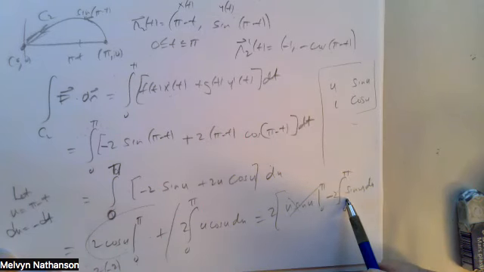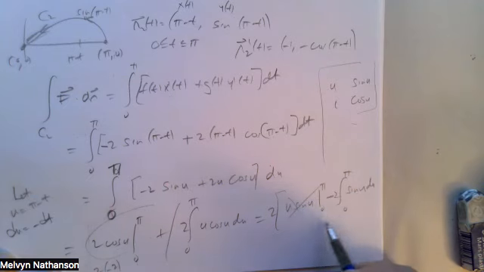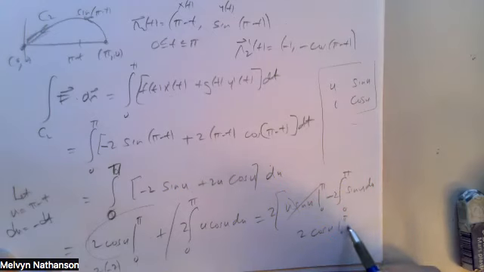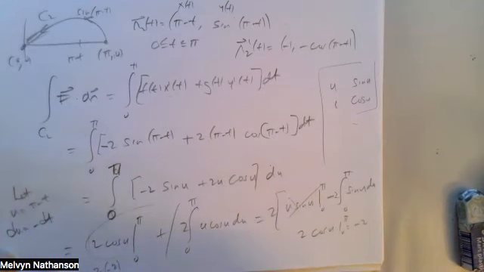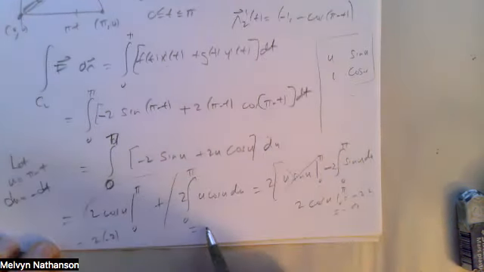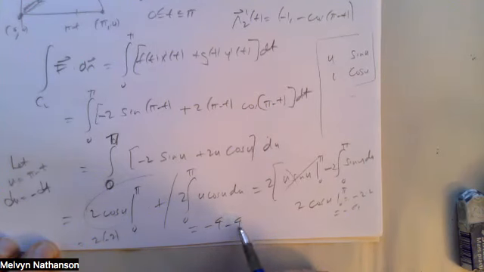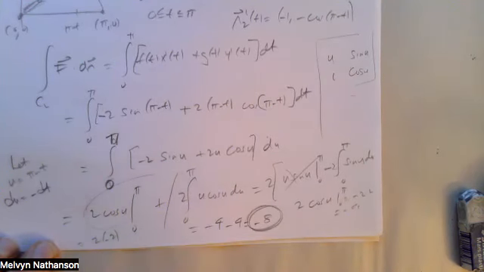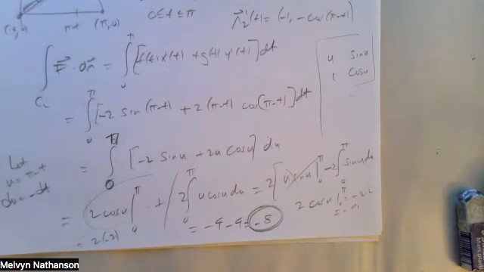The integral of minus 2 times the sine is 2 cosine u from 0 to pi, which is 2 times minus 2. This is also minus 4. So if you do this carefully, again this is really calculus review, minus 4 and minus 4 is minus 8. So when we compute the line integral, we get minus 8.